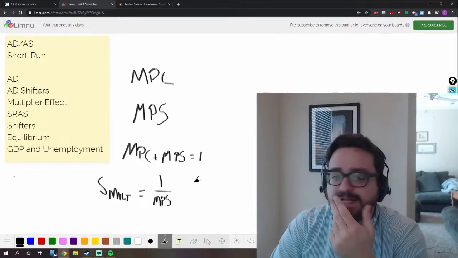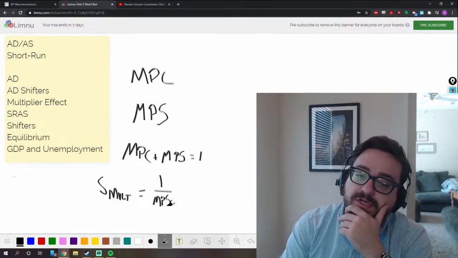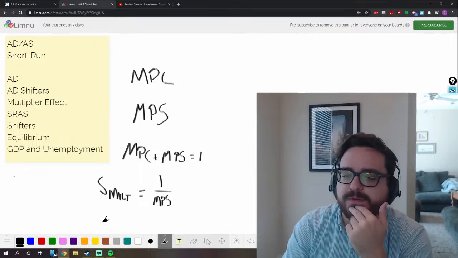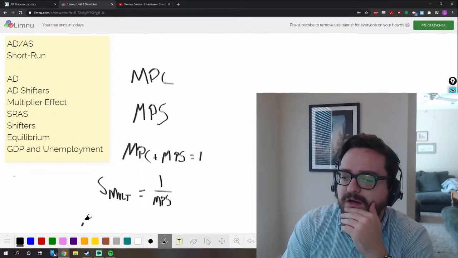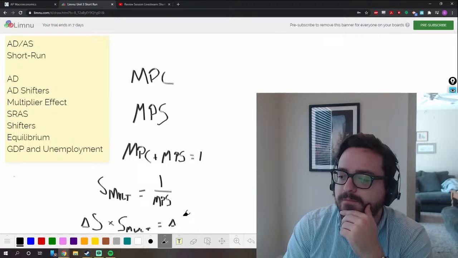So if the MPS, like I said before, was 0.2, it would be 1 over 0.2, which is 5. That's my multiplier. And the way I use that multiplier is I take the initial change in spending times the spending multiplier, and that will get me the change in GDP.